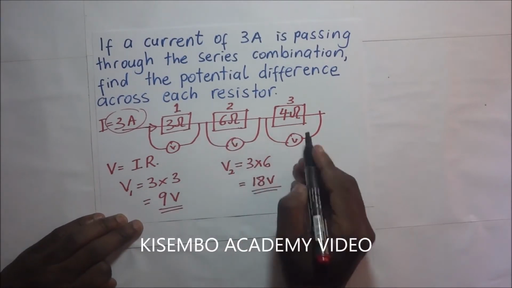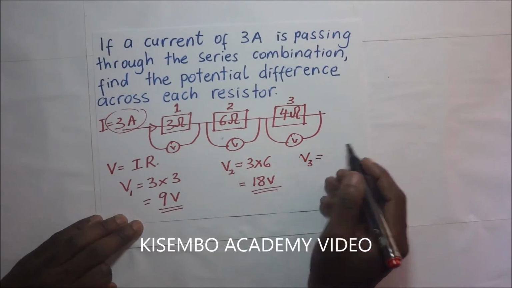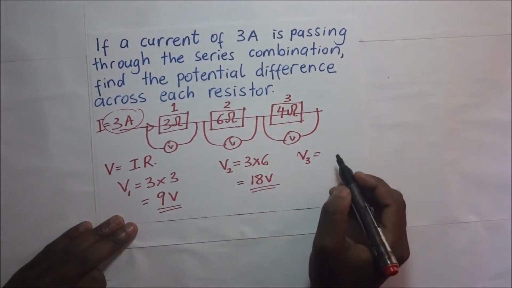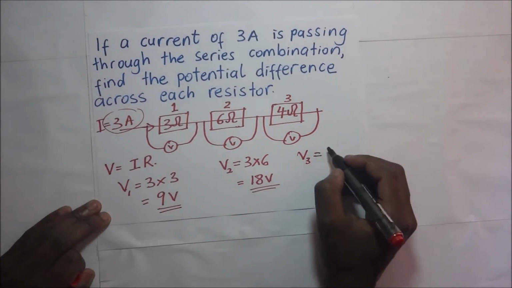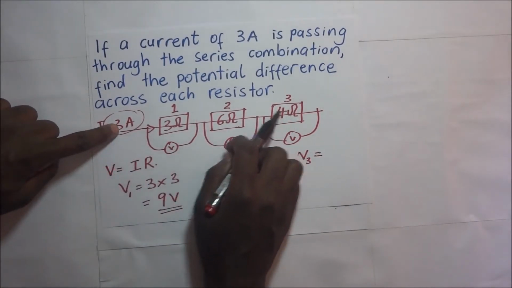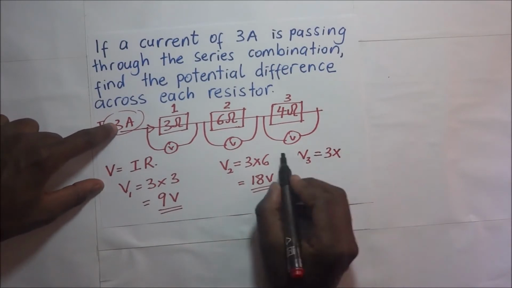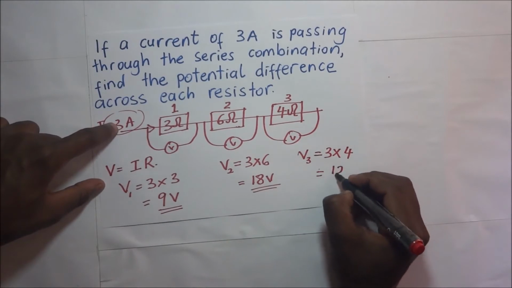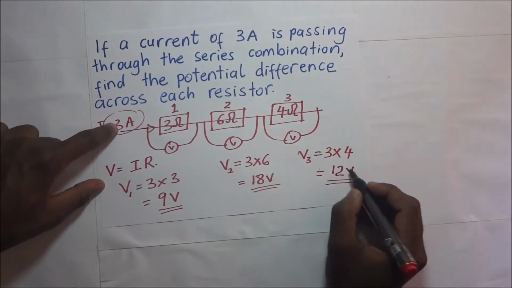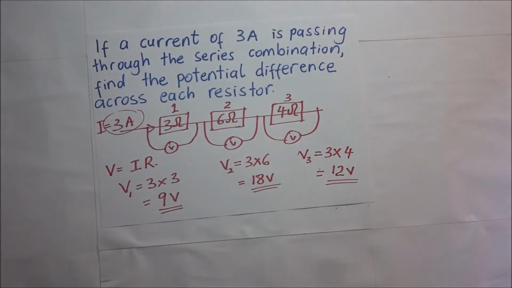Then, finally, to get our V3, we know voltage is going to be current times resistance. So the amount of current going through the 4 ohm resistor is still 3 times the resistance, which is 4, and definitely this is going to give us 12 volts. So 12 volts is the potential difference across the 4 ohm resistor.